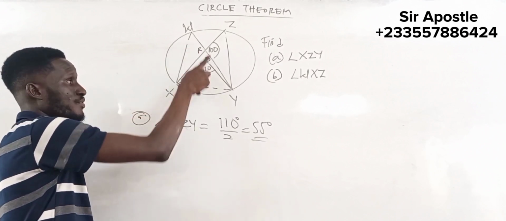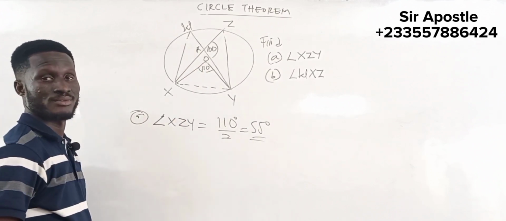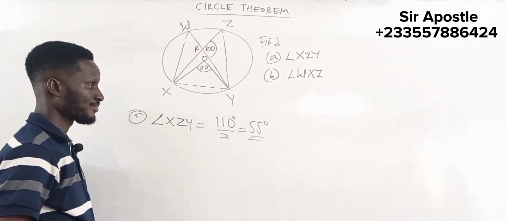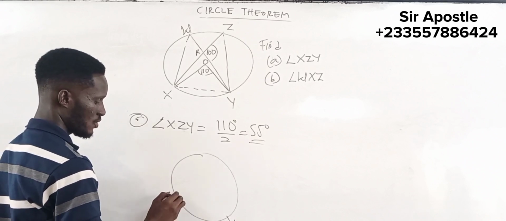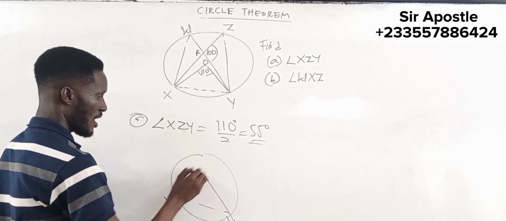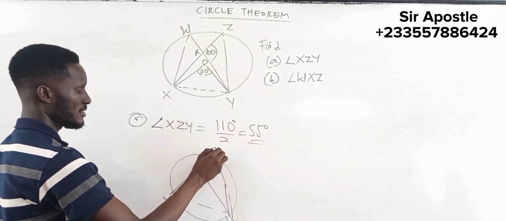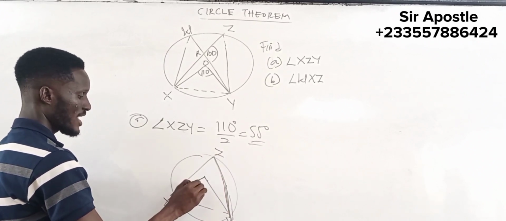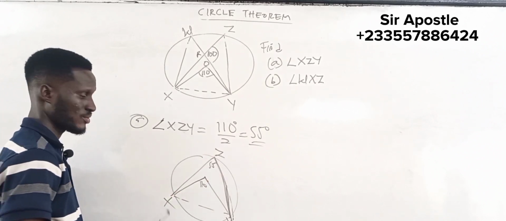So when we find half of the 110, it gives us this. So it is just like this: XY is the chord, this is the center, and here is Z. Here is 110, so therefore here will be 55. It's very, very simple.